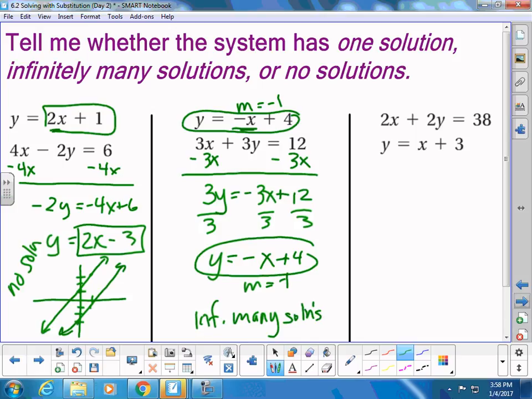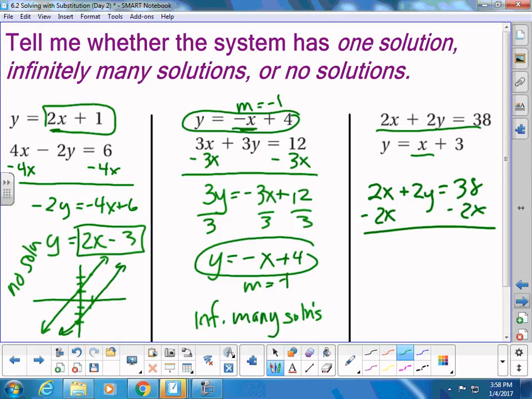And here we have a slope of 1. Rearranging this equation, equals 38. First thing we normally do, subtract 2x. I get 2y equals negative 2x plus 38. Divide by 2, and get y equals negative x plus 19.